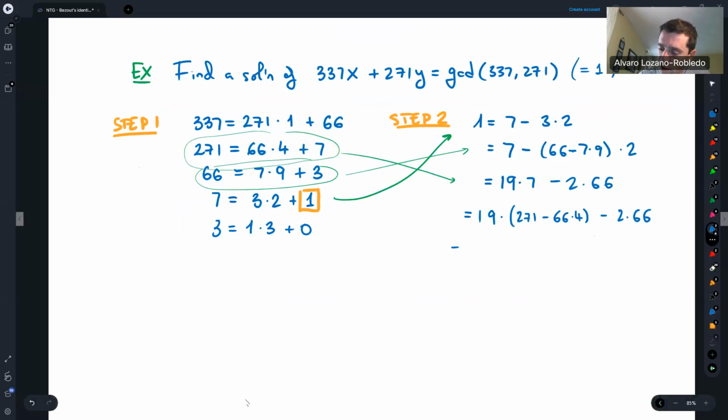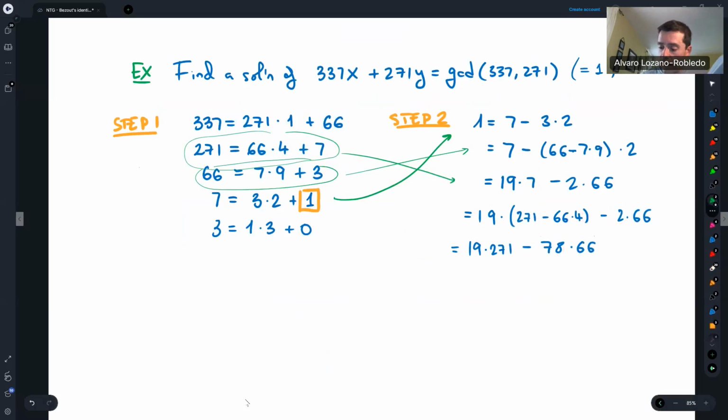So this is 19 times 271 minus 19 times 4 and another minus 2. It turns out, I have my cheat notes here, this is 78 times 66. And there what I did is put together 19 times 4 plus 2, that is 78.